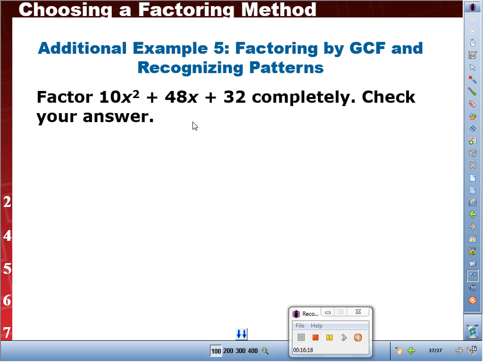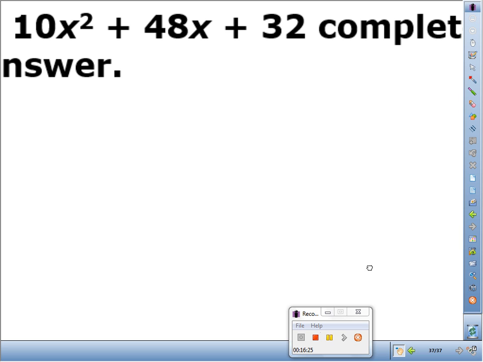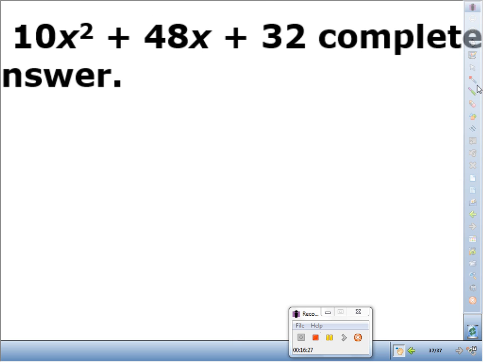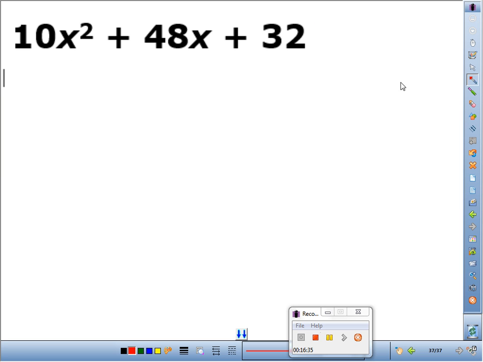Okay? So let's see. Here's our trinomial. Let me make some space here. Alright, so we have 10x squared plus 48x plus 32. So let's see. Step 1.